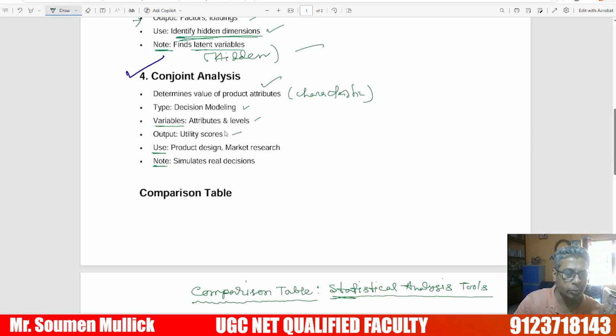Part-worth scores. And what is the use of conjoint analysis? Product design and marketing research. These are the main important uses of conjoint analysis. What are the important things we have to remember? In conjoint analysis, it is simulation and decision.